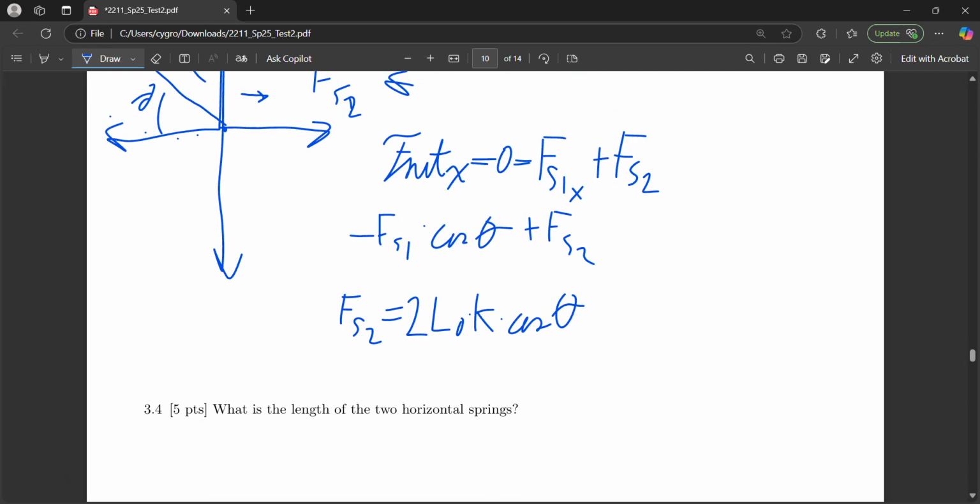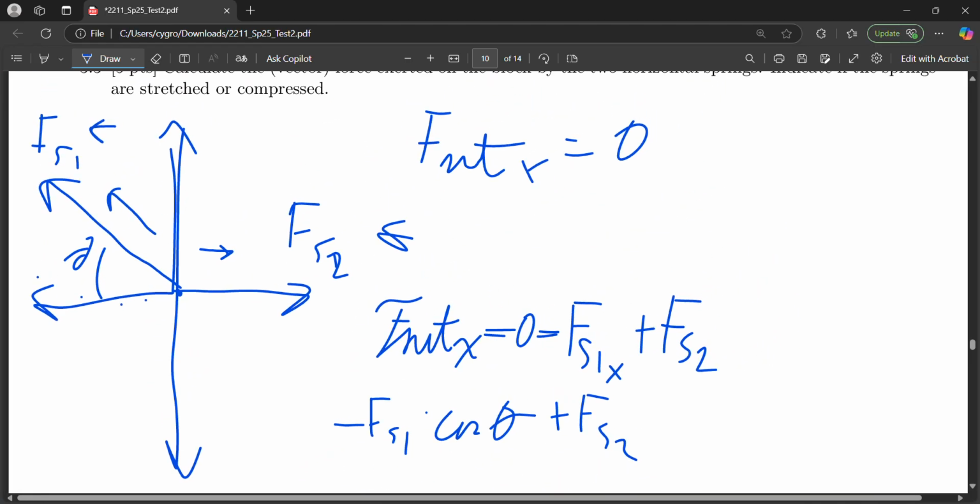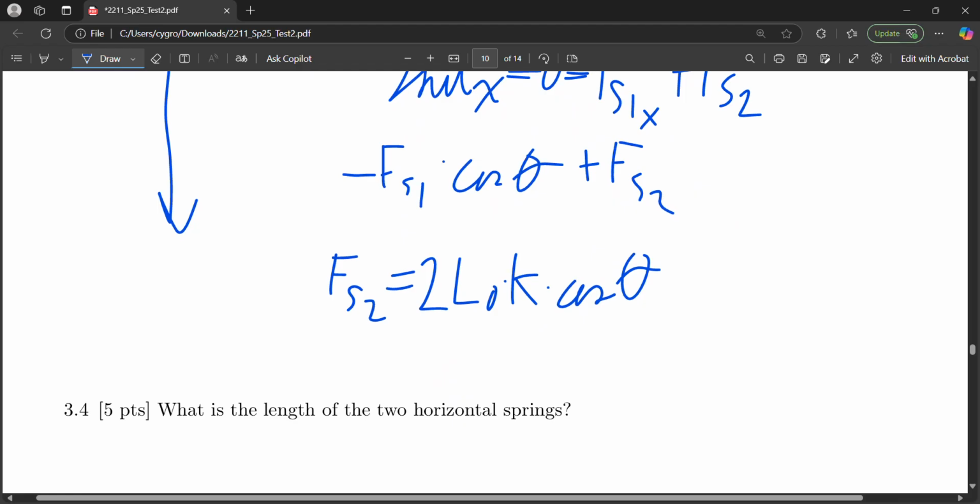So the block is being pulled in this direction, the spring is being pulled in this direction, because these have to equal each other and cancel out. So our spring is stretched.